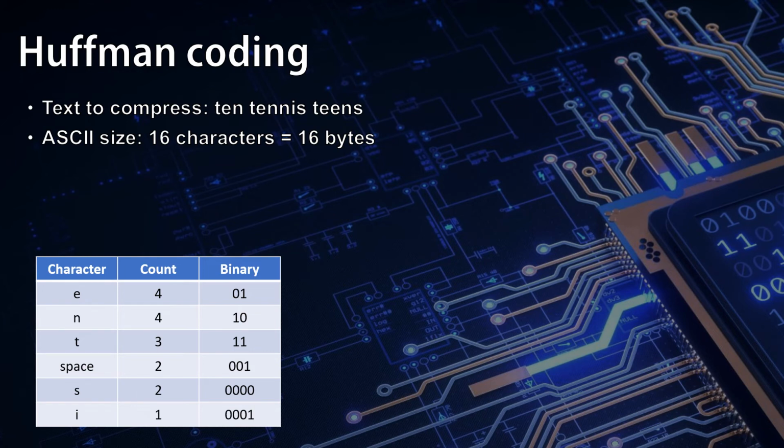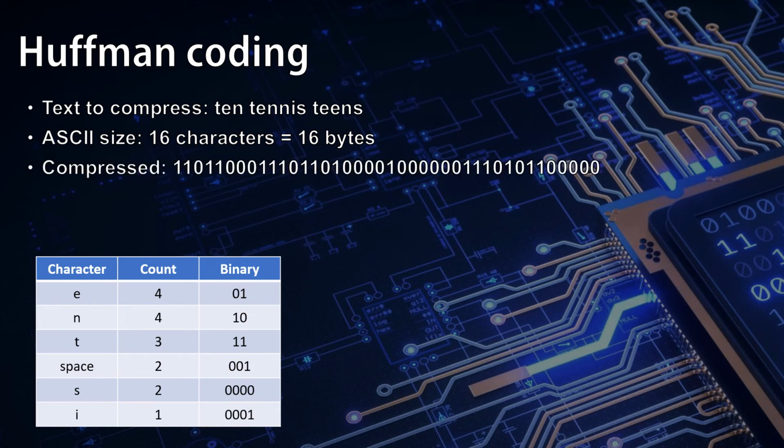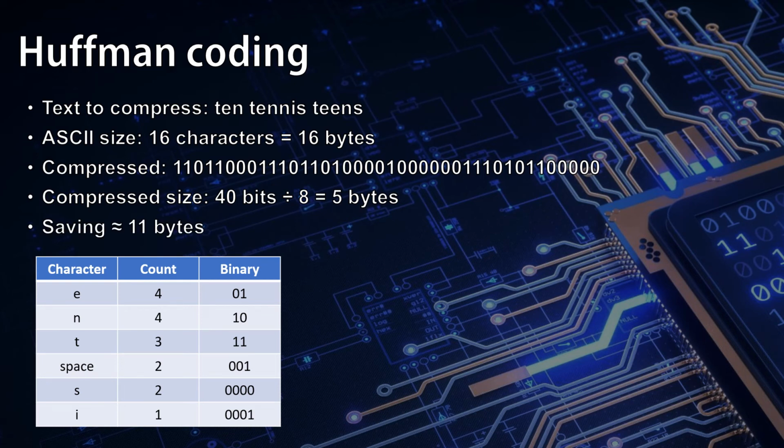Compressed, we get a string of ones and zeros that is 40 bits long to represent the term using our Huffman encoded table. This is 5 bytes, so there is technically a saving of approximately 11 bytes. I've said approximately there because you'd also have to find a way of transmitting the table so that it would be able to translate the data.